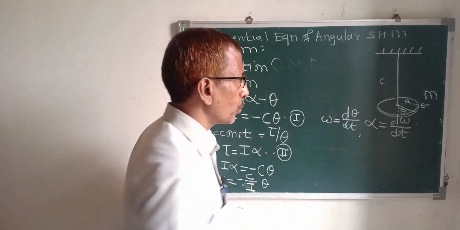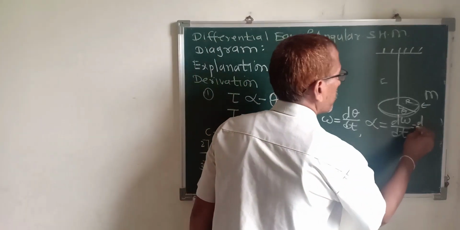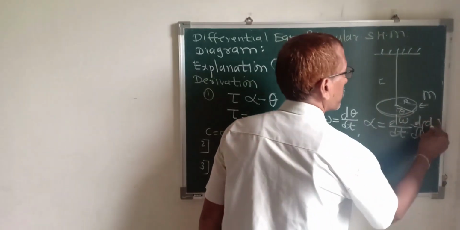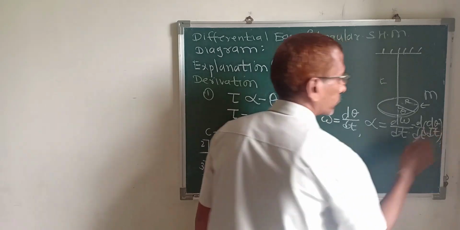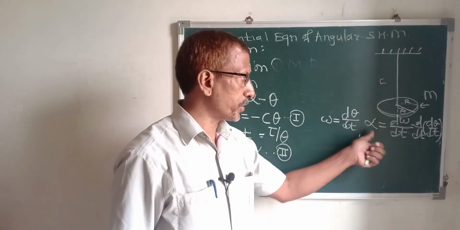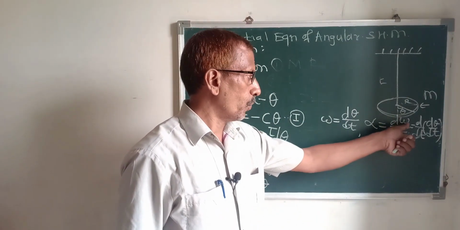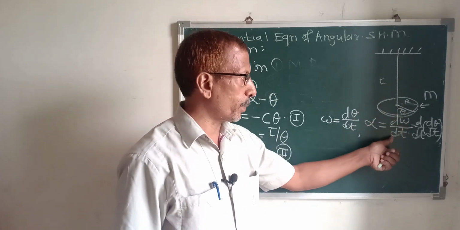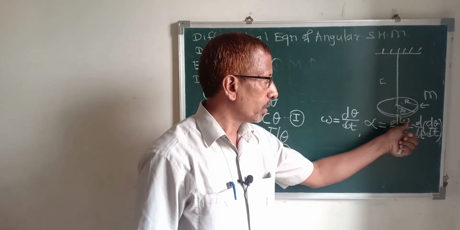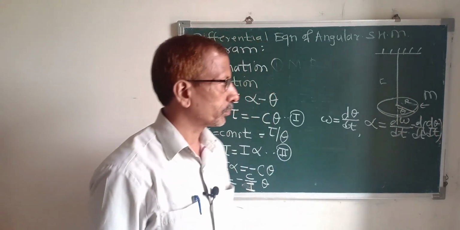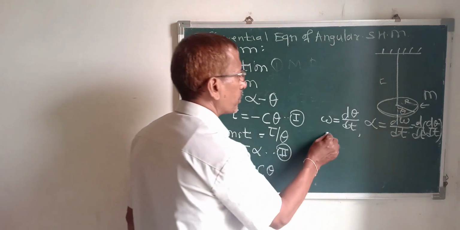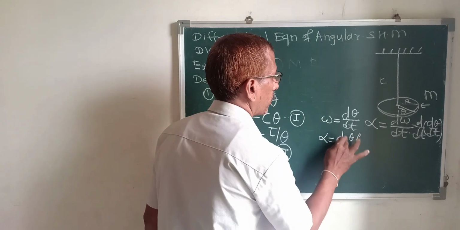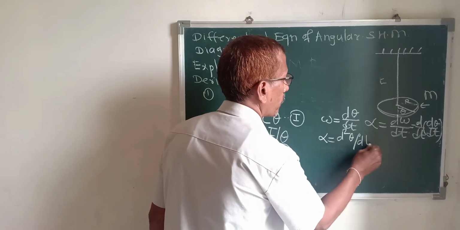So alpha is equal to d omega by dt. The value of omega is d theta by dt. So alpha is equal to d by dt of d theta by dt. So we can write alpha is equal to d2 theta upon dt square.